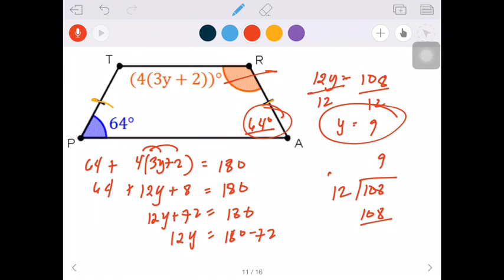So 180 minus 64, that's 116. This should have been 116 degrees already. For those of you who have noticed it, we need not actually solve this via algebra, but then we simply follow the procedure. Now, this is another way of counter-checking if our answer is correct.